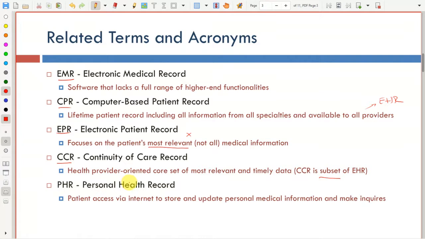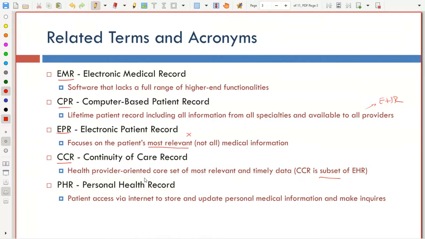For example, if a patient has a chronic condition and has to take a certain medication every month, this is very relevant to the healthcare provider because it is a recurring cost that keeps coming every month.